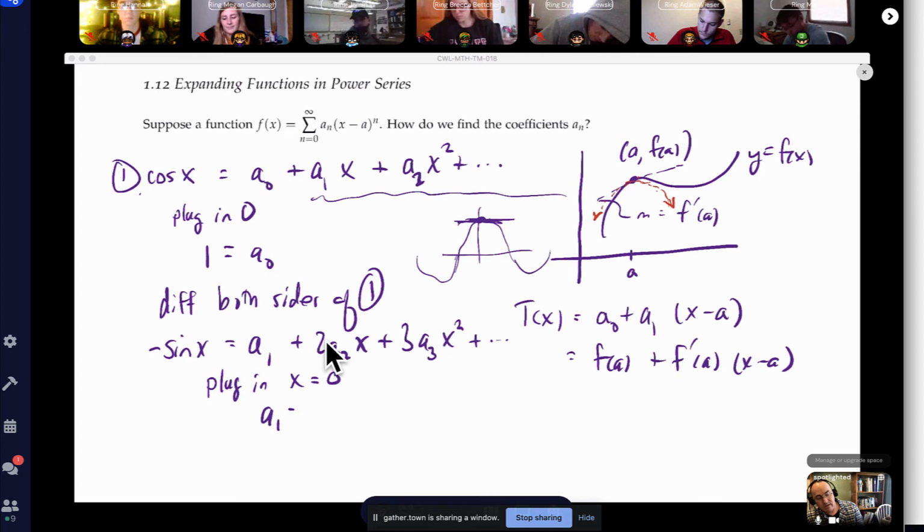So a1 equals 0, because if I plug in 0, I get on the left side 0. Sine of 0 is 0. On the right side, none of these terms matter, because I plug in x equals 0, they'll go bye-bye. And now I'll just repeat. Every time you take a derivative of both sides, you get a new coefficient.